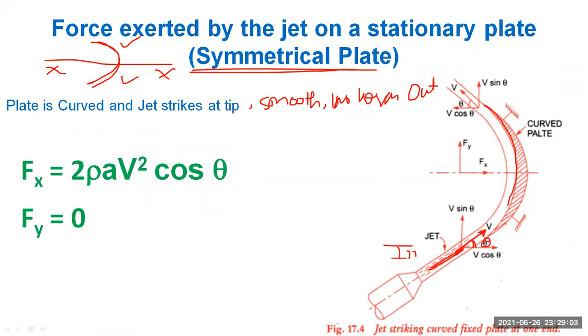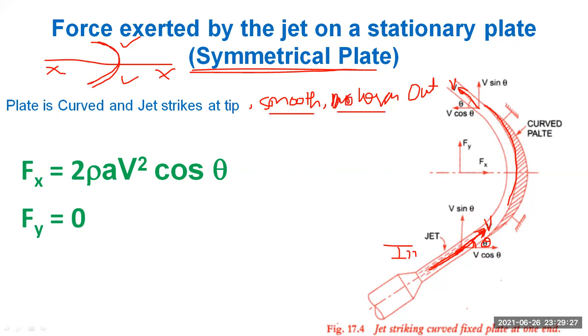So as there is no loss, whatever the magnitude and direction with which the velocity is coming at the inlet, with the same magnitude and the same angle the jet will come out through the plate. You can see V and theta both remain the same because the plate is assumed to be smooth and there will be no loss of energy.